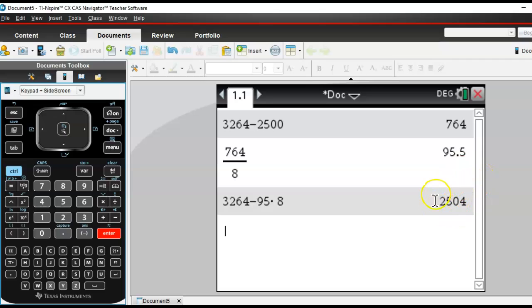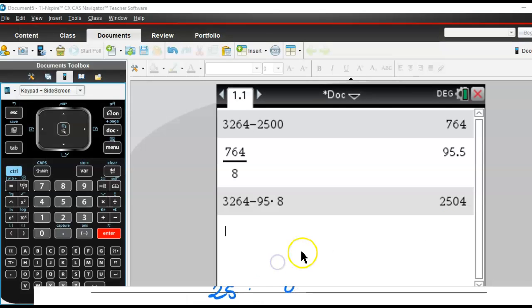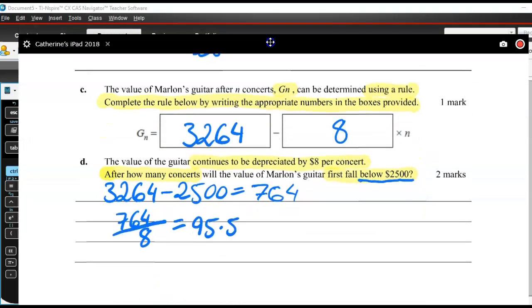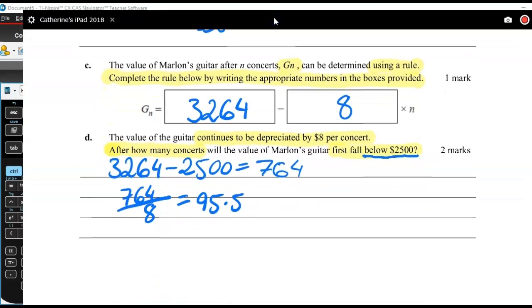So it still hasn't fallen below 2,500. That's why we've got to say that it is after 96 concerts. After 96 concerts, and that would be your 2 marks there.